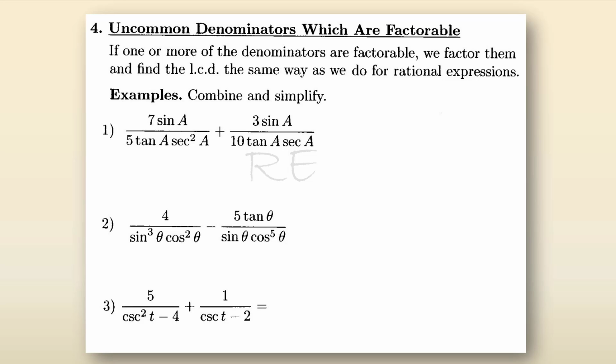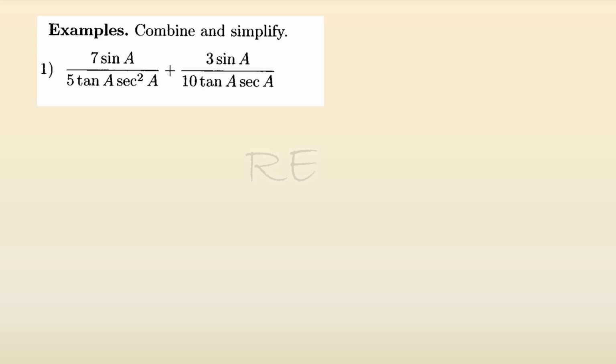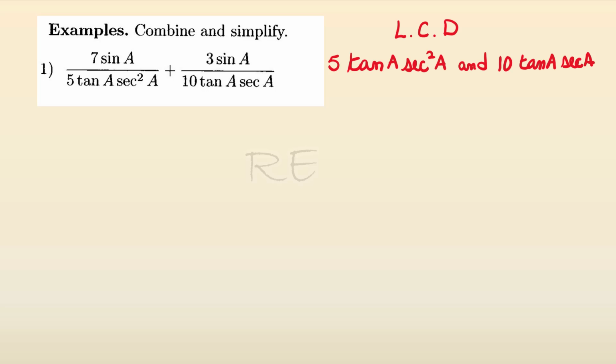Now, if one or more of the denominators are factorable, then we need to factor them and find the LCD the same way we do for a rational expression. Now, we need the LCD of 5 tan A secant squared A and 10 tan A secant A. Between 5 and 10, the LCD is 10. 10 is 2 times 5.